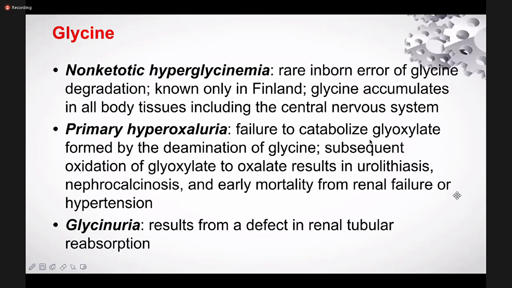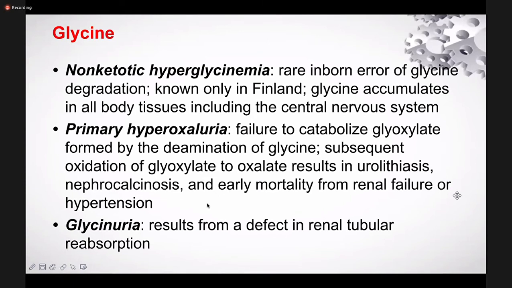So there is a failure to catabolize the glyoxylate formed by the deamination of glycine. So after glycine, after deamination becomes glyoxylate. So lithiasis, nephrocalcinosis, and early mortality from renal failure or hypertension.